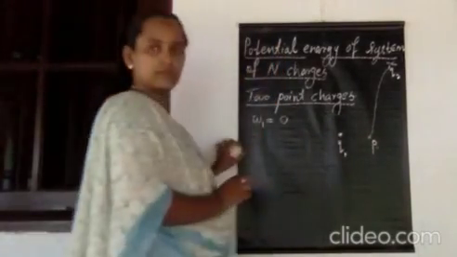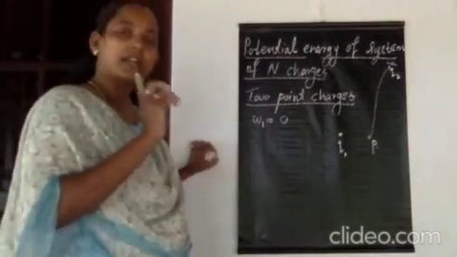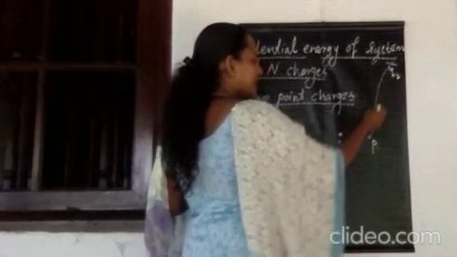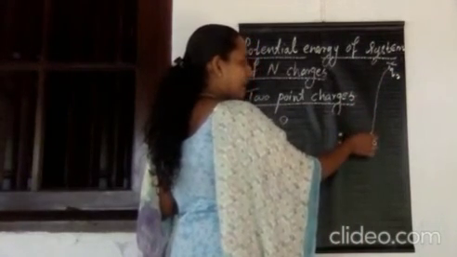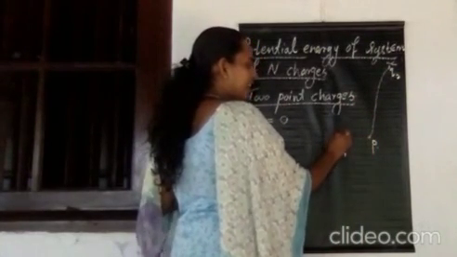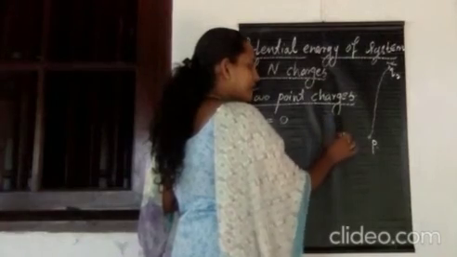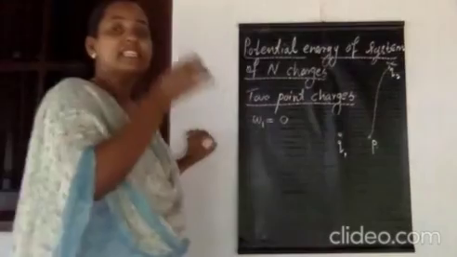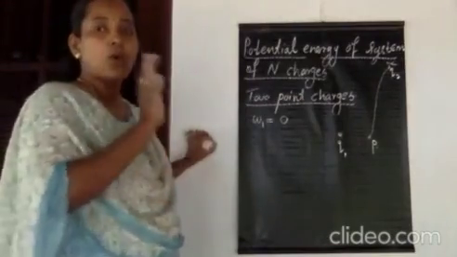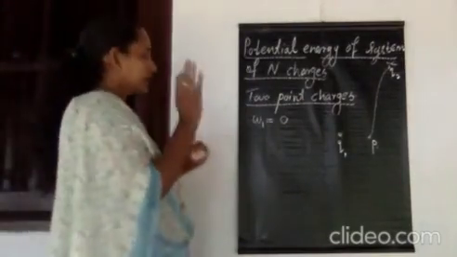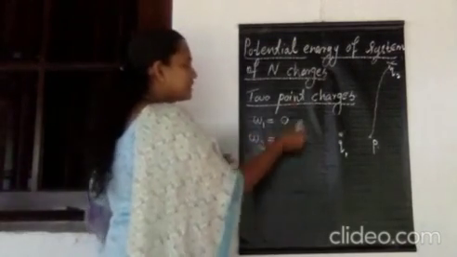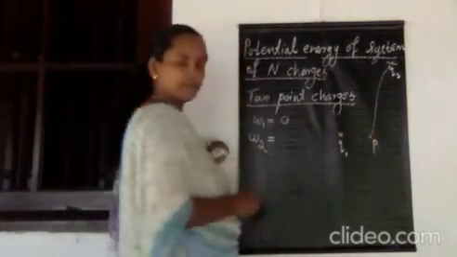Therefore, work is required. Because we are bringing the charge Q2 to the given point P, at that point P there will be an electric field, or a potential, produced by this charge Q1. Therefore, work is required. So, what is that work? The work done to bring the charge Q2 from infinity to the given point P.